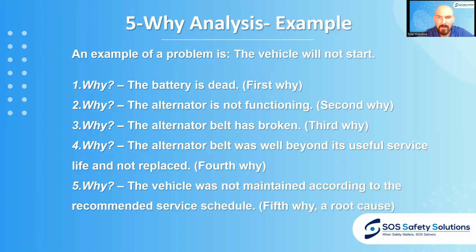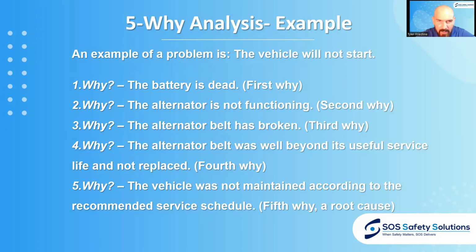And why was the belt past its useful service life? The vehicle was not maintained according to the recommended service schedule, right? So that is our underlying cause of the incident. And keep in mind, you don't always need 5 whys to get to the root cause. Perhaps you would say the battery is dead, why, the alternator belt is broken, right?